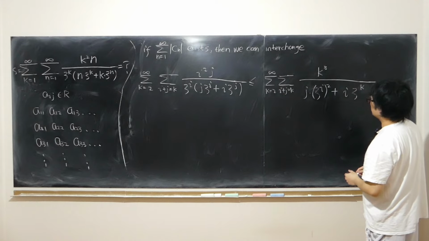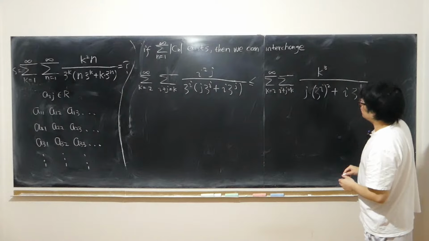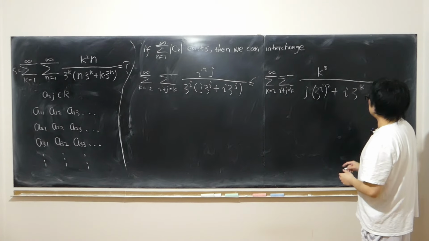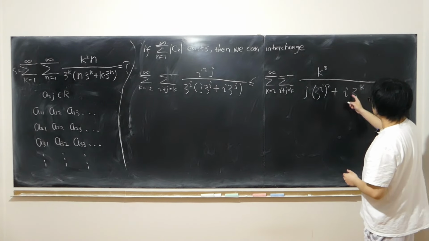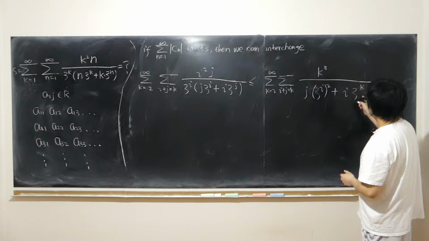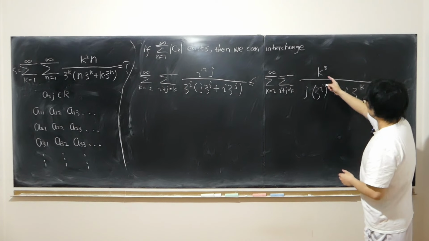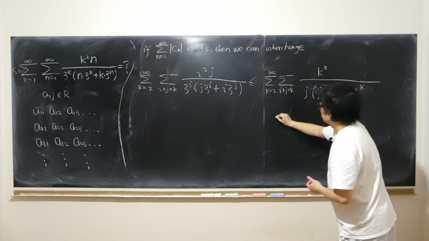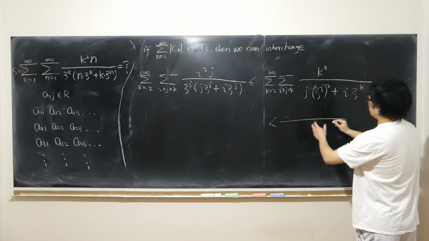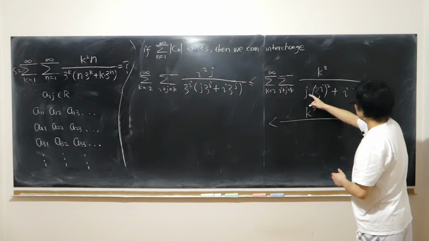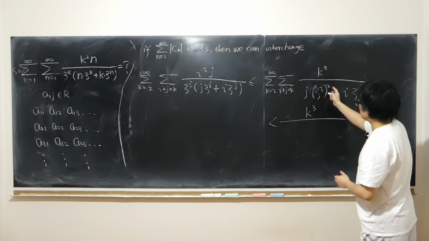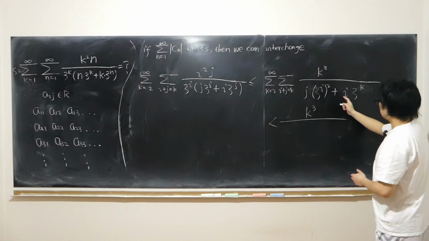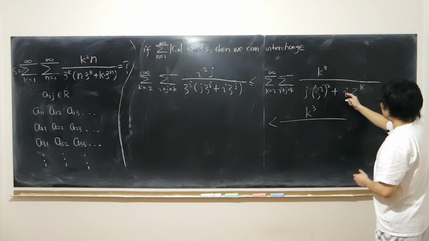All right, no problem. Now I can simply see that all I need is this one because I know that exponential grows faster than power. I don't even need this one. Right? Make it bigger. I'll just get rid of all this thing. Right? Becomes this. I'll just replace i with 1.